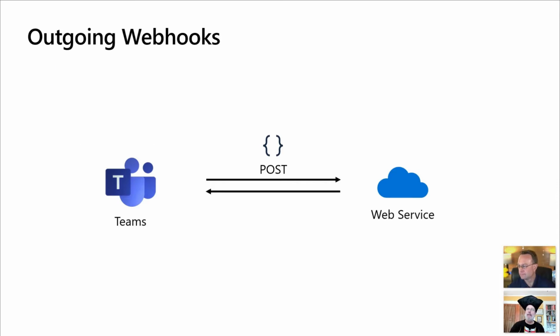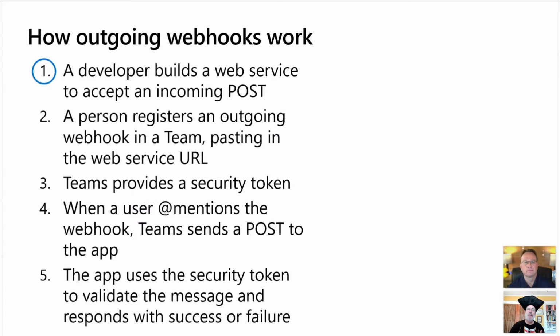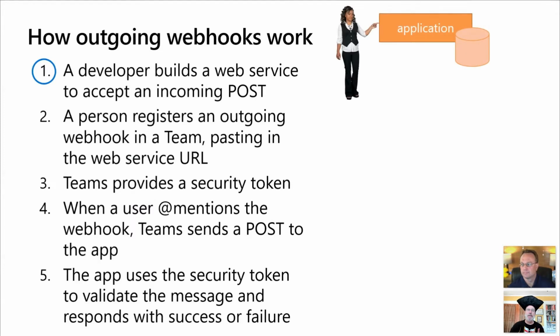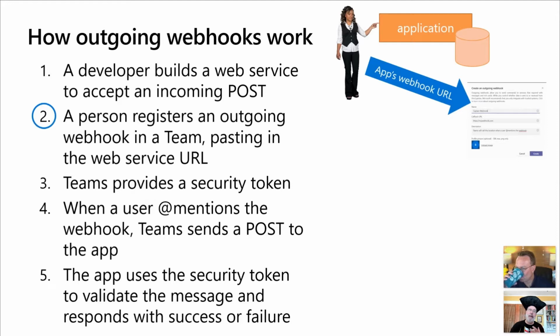The way this actually works, it begins with a developer building a web service that can accept an incoming HTTP request. Then a person registers an outgoing webhook in a team, and they paste in the web service URL. This is a one-off thing, so it may not be a developer; it's installed on a team-by-team basis.